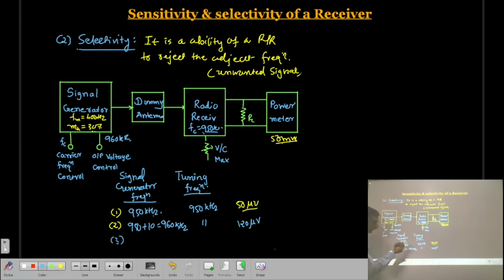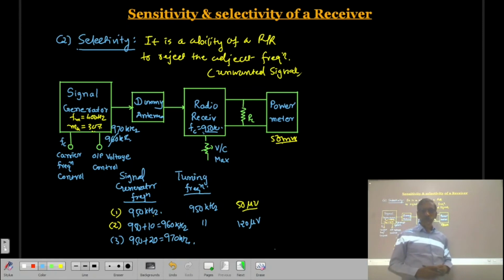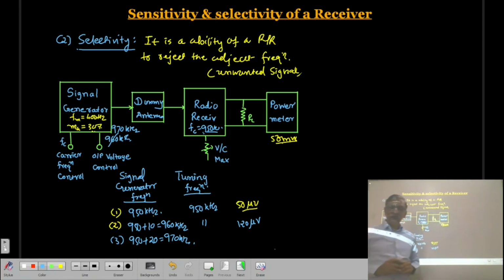Then we detune the signal generator frequency again by 20 kilohertz. So it is 970 kilohertz. So instead of 960, here it is 970 kilohertz. If this radio receiver is positioned at 950 kilohertz, the difference between the two frequencies is very large, meaning the radio has to reject this.